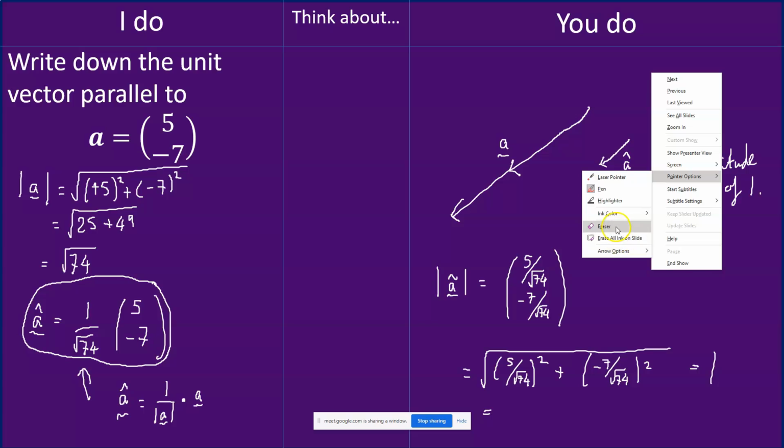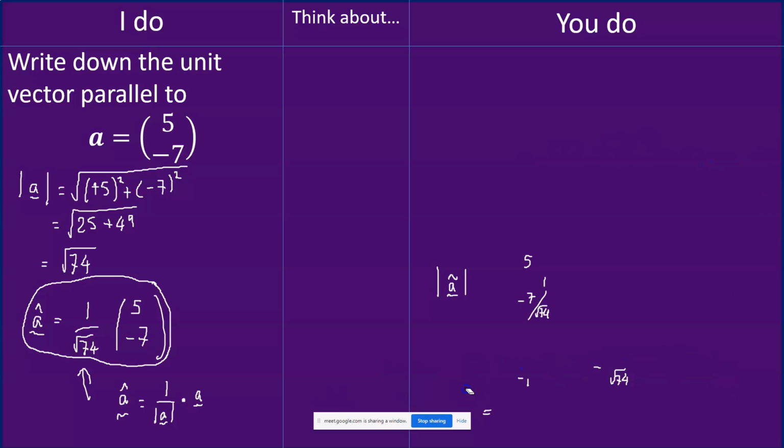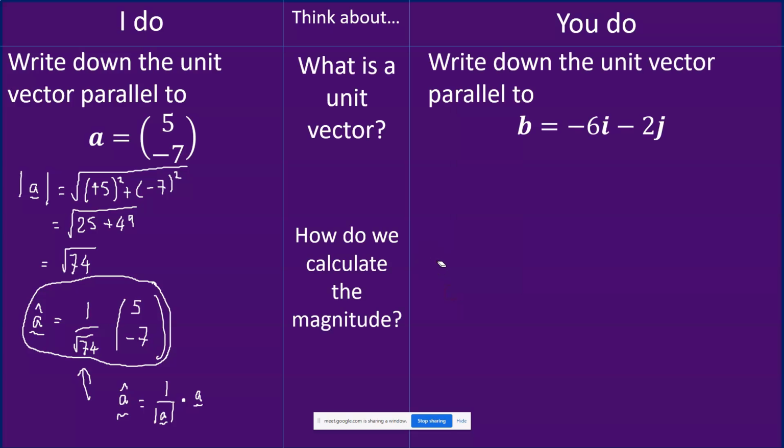Okay, right. I'm just going to erase my ink here, because I think I've got one for you guys to do. Could you calculate the unit vector parallel to minus 6i minus 2j?